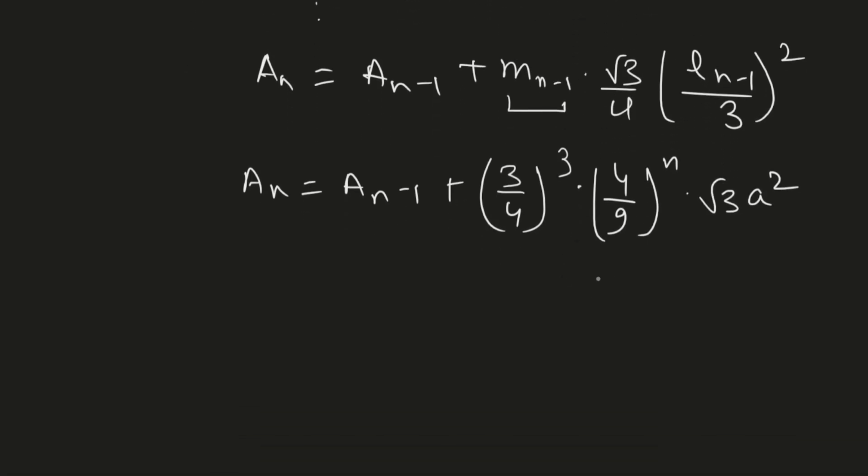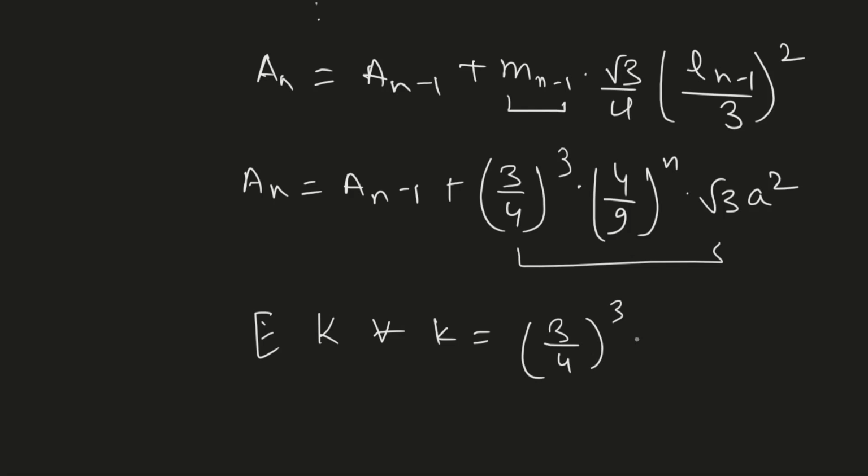I've already calculated it so that you don't find a problem in it. And because this is such a big term, I'm just letting there exist a k such that k is equal to 3 by 4 cube times root 3 a square. Okay, so this is my some k value.